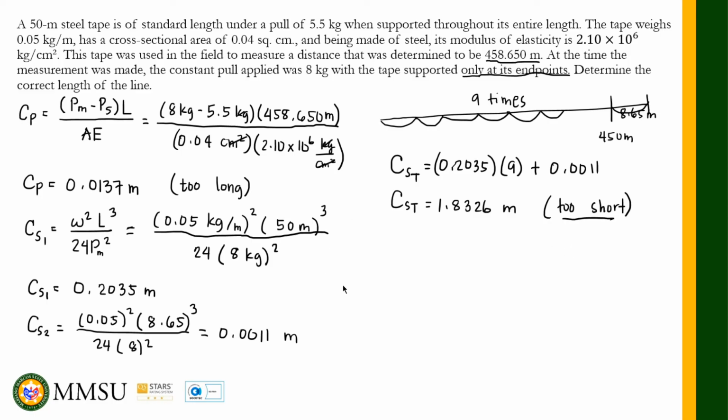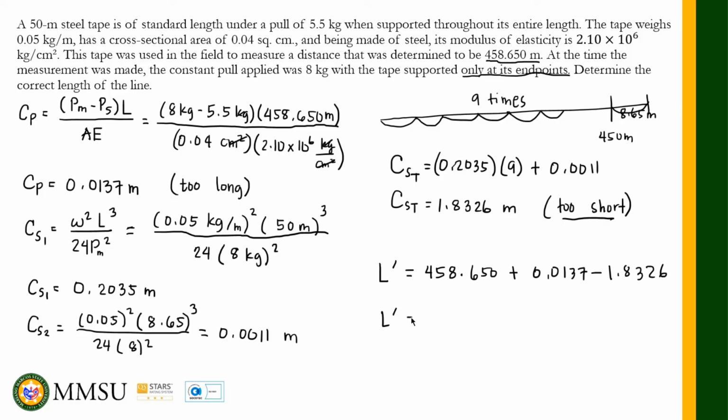This means that when we compute the correct length of the line, L prime, the measured length is 458.650 meters. We need to add the too long corrections, and there is only one, 0.0137, and subtract the too short, 1.8326.